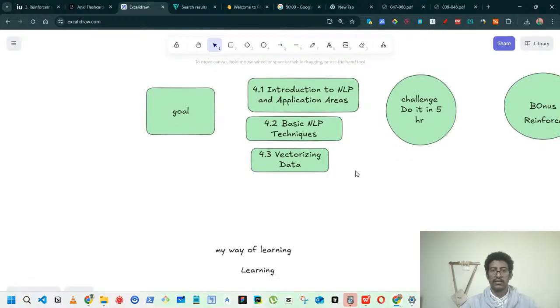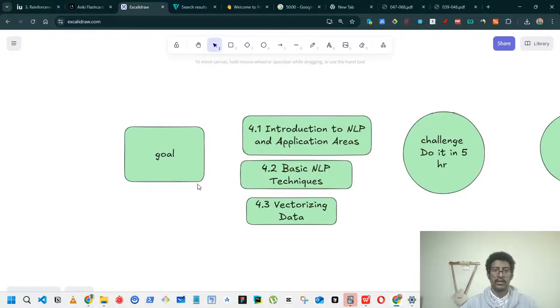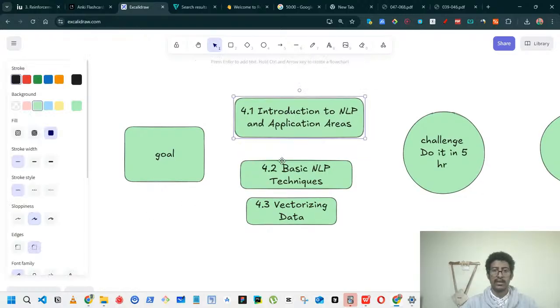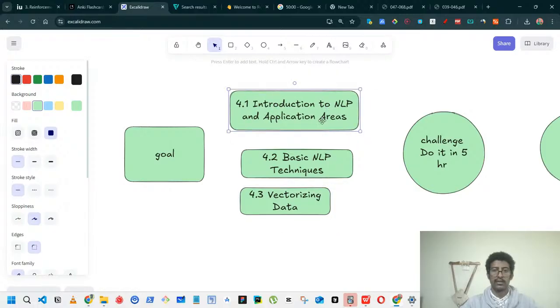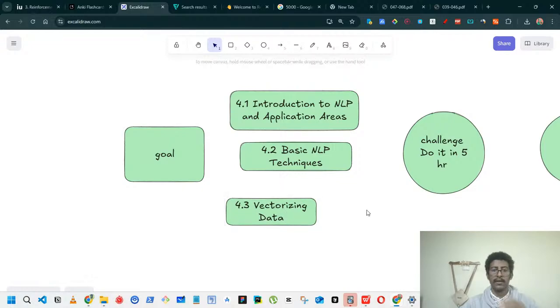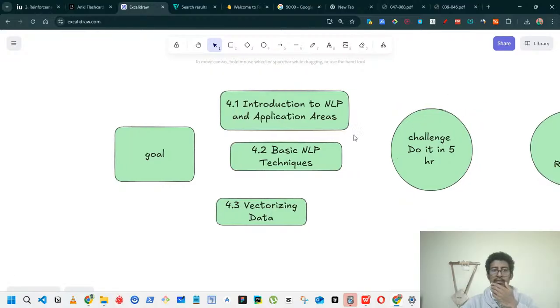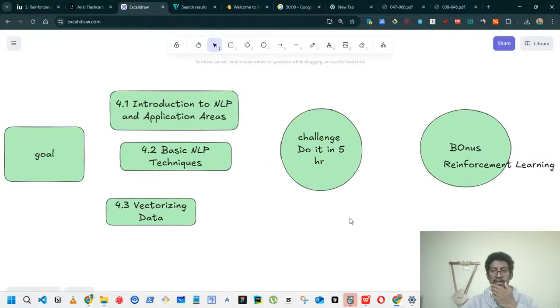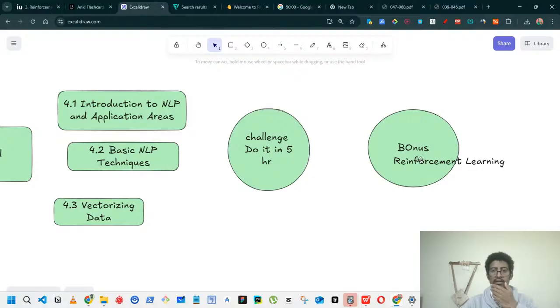Today we're gonna study Introduction to NLP, and we have 3 sections: Introduction to NLP, Basic NLP Techniques, and Vectorizing Data. The challenge will be 5 hours of studies in one go, and we're going to cover all of them. Plus, we're also going to take introductory reinforcement learning.